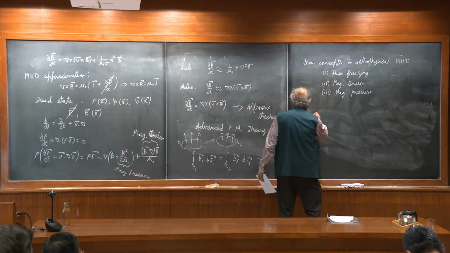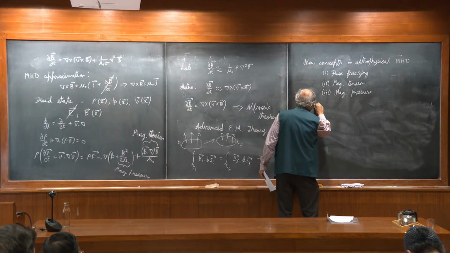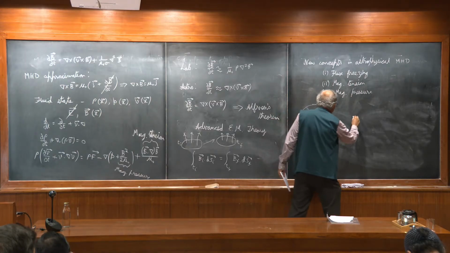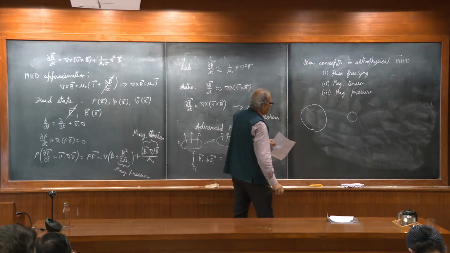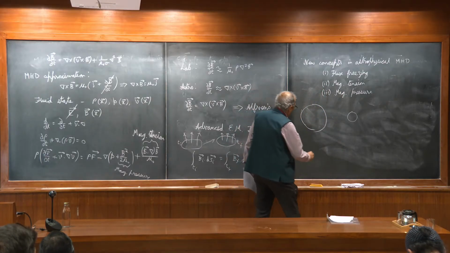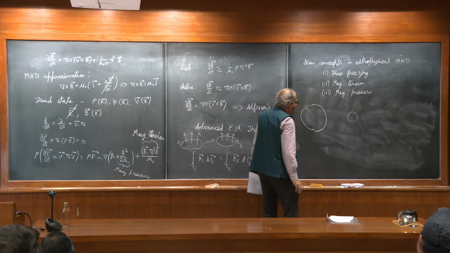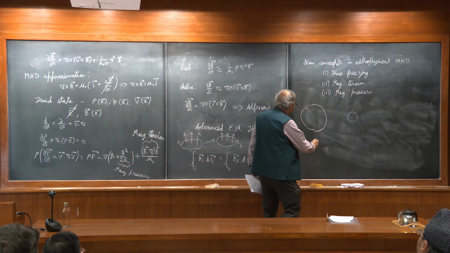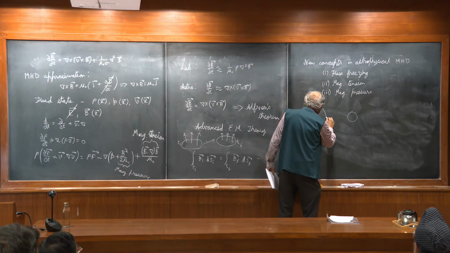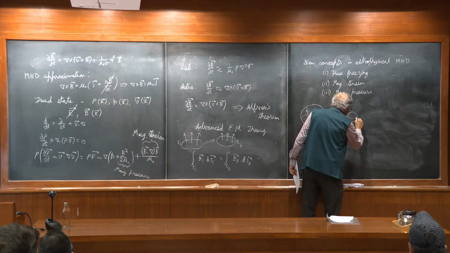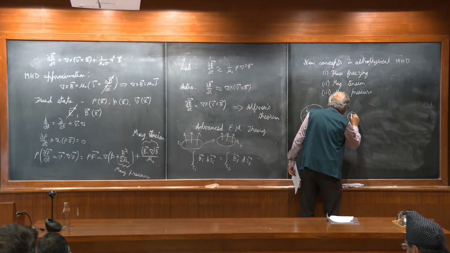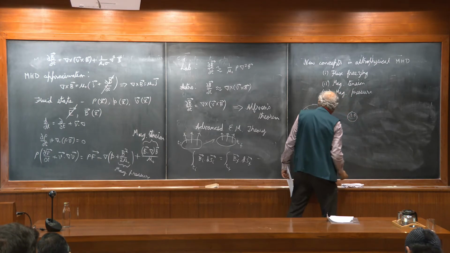Suppose we have a large, normal star which collapses and becomes a much smaller star, a white dwarf or neutron star. If Alfvén's theorem holds, then whatever magnetic flux was passing through this star, after it becomes much smaller the same magnetic flux will have to pass through it.